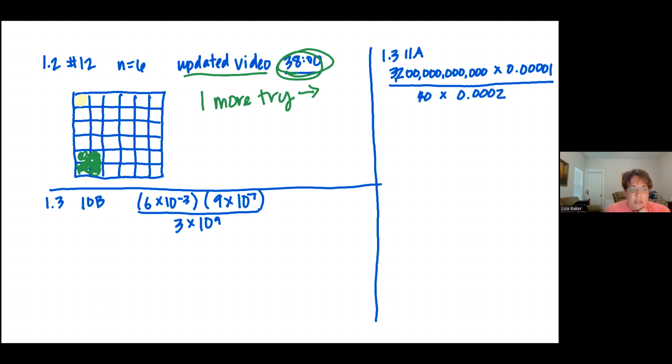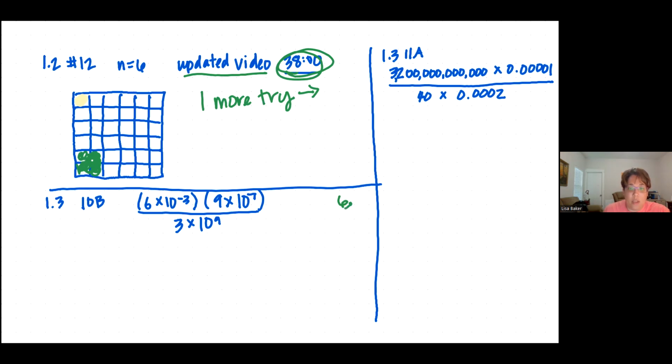So 6 times 10 to the negative 3. I'm going to write 6. Because this is 10 to the negative 3, that means it's a small number. Here's where my decimal point is right now. Because this is a negative, I know that it's a small number, so I would move the decimal point to the left.